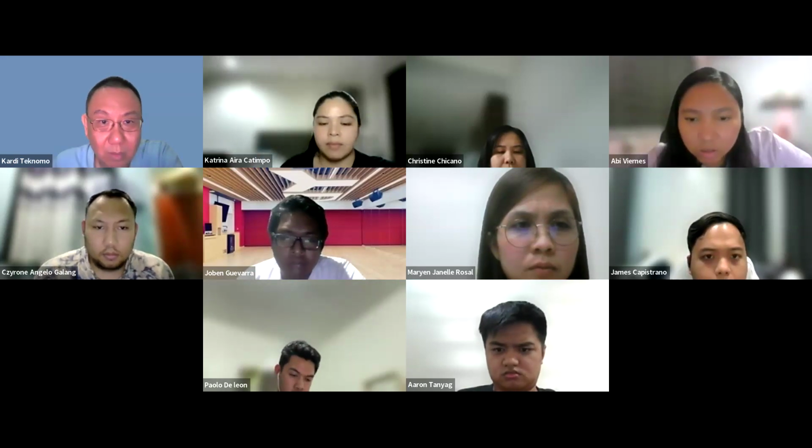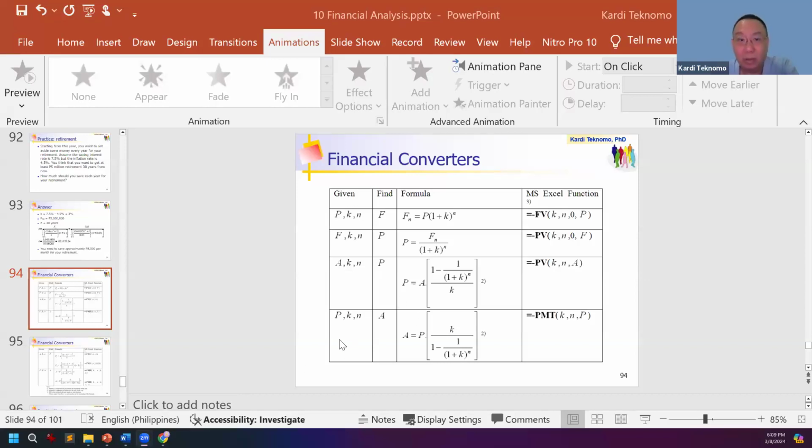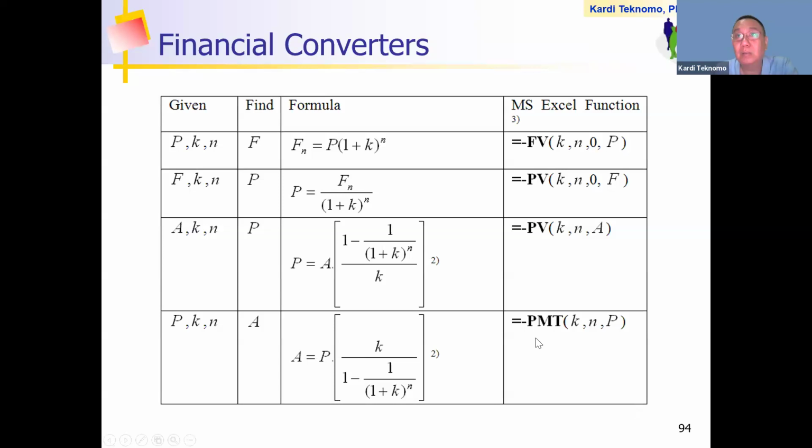Okay, let me share with you. So this is the formula to convert. Go to the slide page 94 and 95.